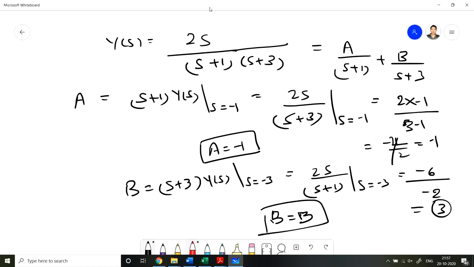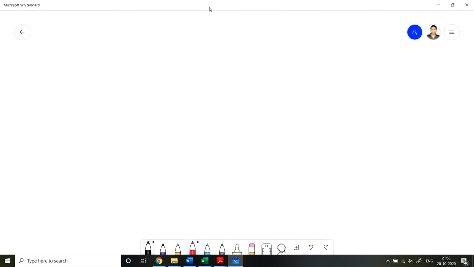So A equals minus 1 and B equals 3. Now Ys equals minus 1 divided by s plus 1 plus 3 divided by s plus 3.